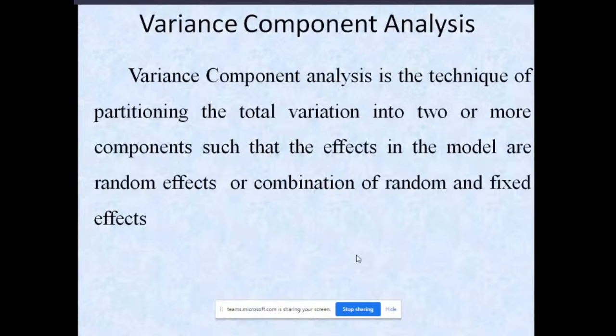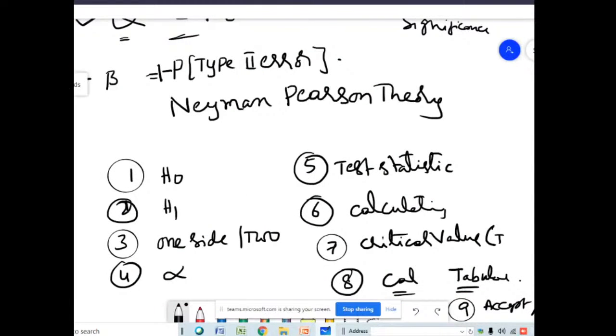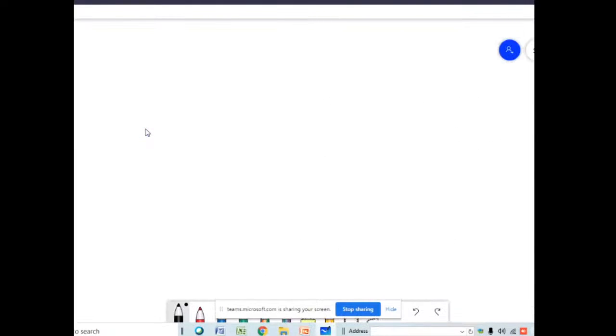Now, the variance component analysis. Suppose you are taking a model like this: Yij is the observation, which is equal to some average value plus some effect value and some random error.